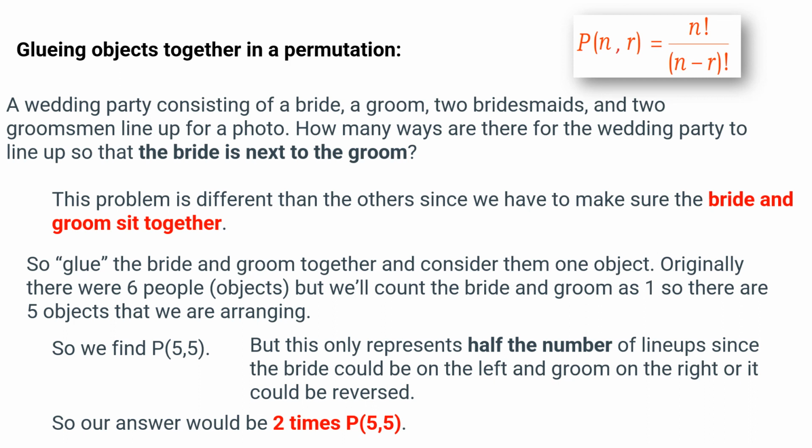Now, we could go ahead and find the permutations of 5 things taken 5 at a time. But I will say this, that a lot of times in your book, when you're doing participation problems or even challenge problems, they want you to answer just in terms of something like P and the 5, 5 in there. So if you were answering just P 5, 5, you would type in capital P and then parentheses 5, 5.